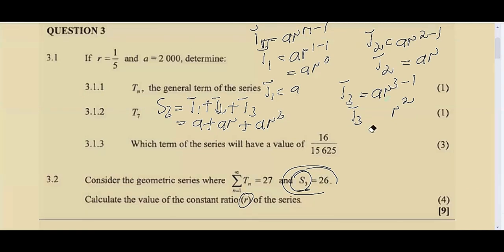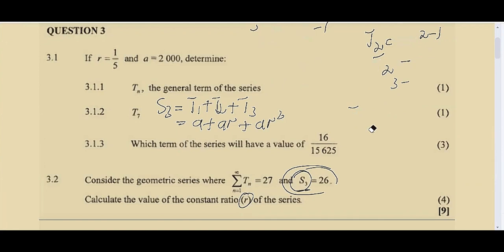Now that we can see that, let's try to express the sum to infinity, which is equal to 27. We know the formula for sum to infinity is this. Sum to infinity is equal to A over 1 minus R, where R is not equal to 1.